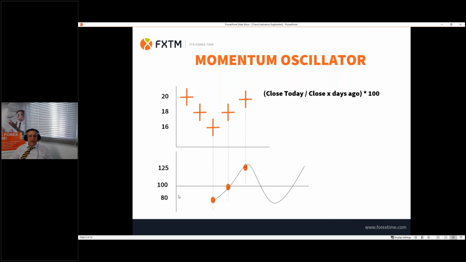The most important thing to understand is that when this curving line moves above 100, it implies that prices will go higher. And when the momentum line drops below 100, it implies that most probably prices will fall. Okay? All right. So this is the momentum oscillator.